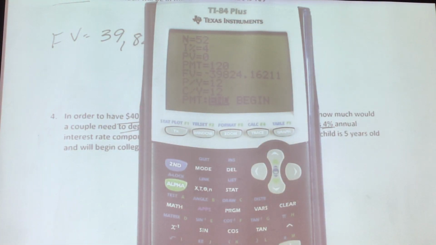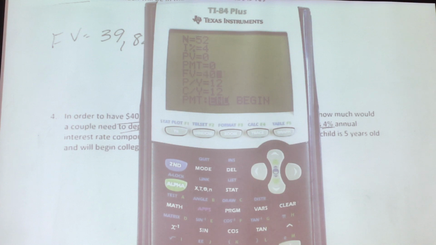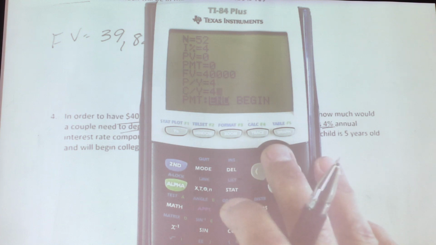PV, there is no present value. Payment, we're solving for the payment. And future value is 40,000. That's what he would like to have. P/Y is 4, which is 4 payments per year, and C/Y is also 4.